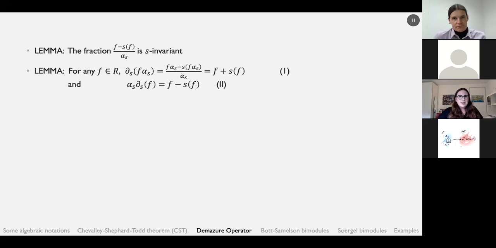We then can cancel out the α_s and we get the result. For α_s ∂_s(f), which is equal to f - s(f), we get this result by also plugging in the definition and then by simply canceling out α_s.